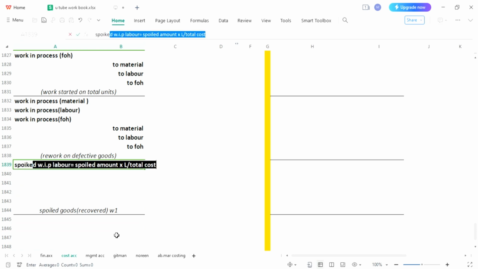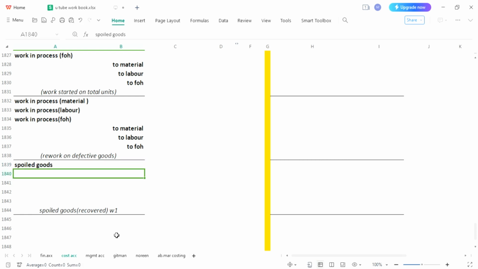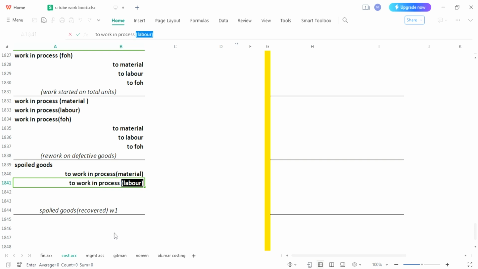First, spoiled goods, and then to work in process for material, and then work in process for labor, finally work in process for FH.